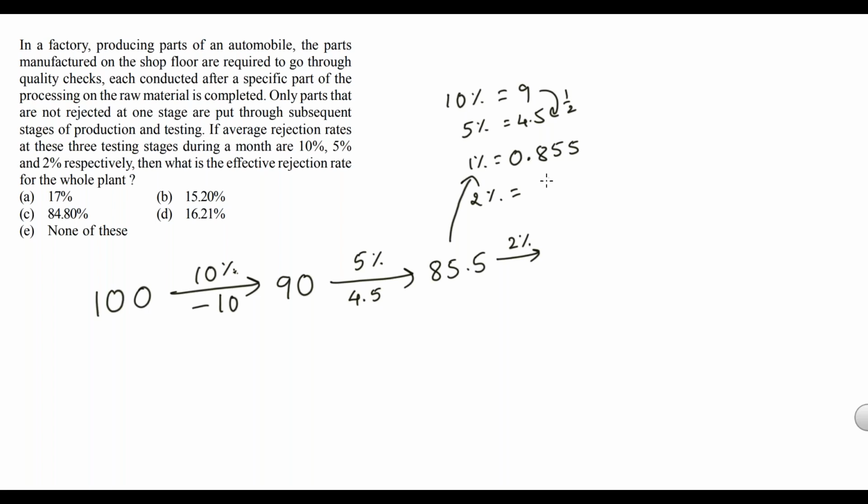Double of 0.855 is 1.71. Correct? So here they are rejecting 1.71 parts out of 85.5. Now finally, after all these stage rejections, the remaining parts are 85.5 minus 1.71. Right? So what is the value? 83.79.